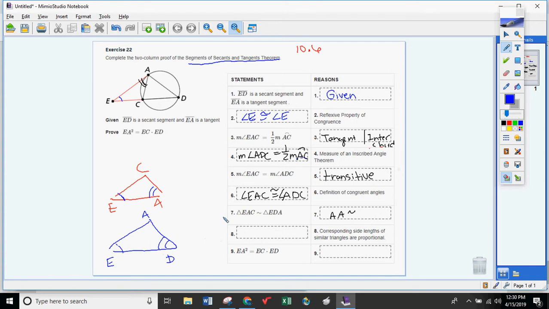So now I can say the two triangles are similar, and if two triangles are similar, then their sides are proportional. So I'm going to start with the blue triangle or the big triangle, and I'm going to say EA is to ED on my big triangle, and now I want the same spots on the other triangle.